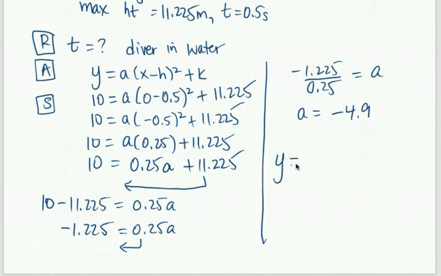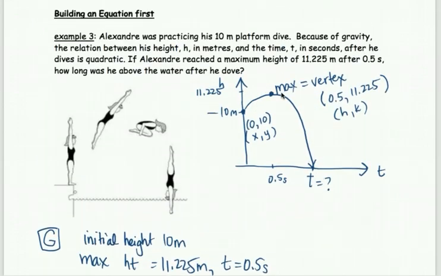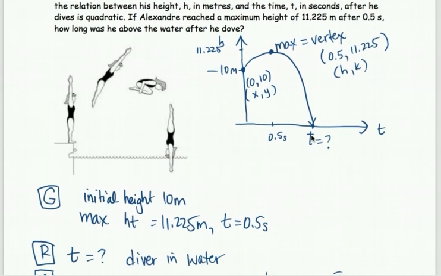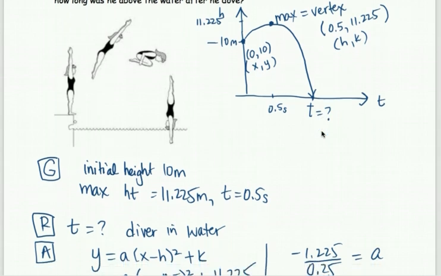So now we can build our vertex form equation. So A is negative 4.9, and then x subtract 0.5, and 11.225. Okay, all right, so we have our equation for this dive now, okay? So we know the equation for the path of this dive. So our goal though is we still have to find the time it took from jumping all the way down into the water, how long that took.